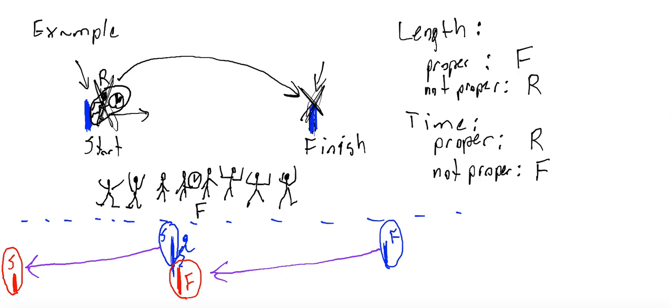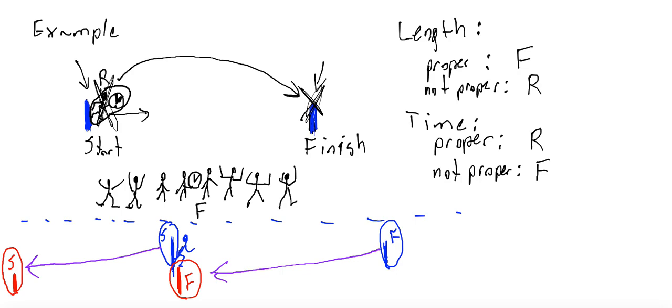So again, in the case of length, proper length is measured by fans because for fans, the start and finish lines are both always at the same position in space. But not proper time, because the beginning of the event for the runner is at a different point in space than the end of the event. The runner measures proper time.